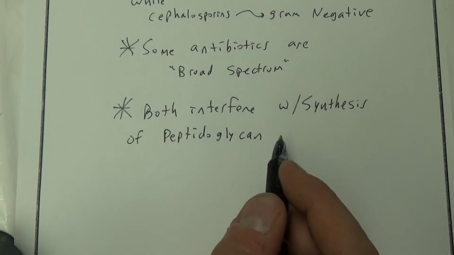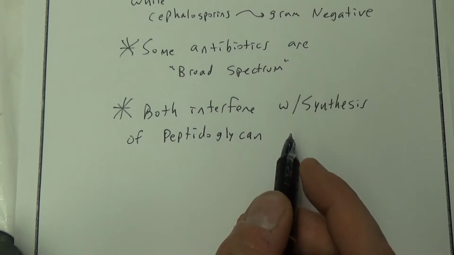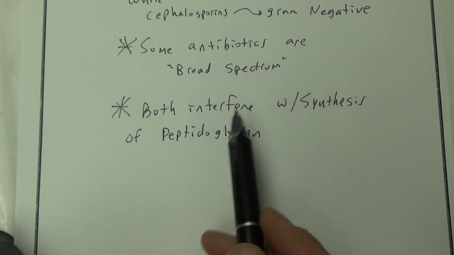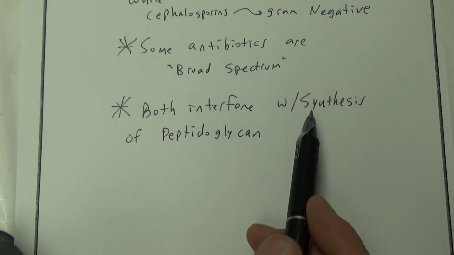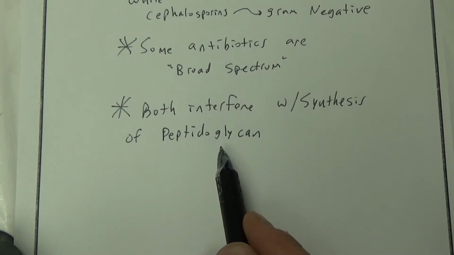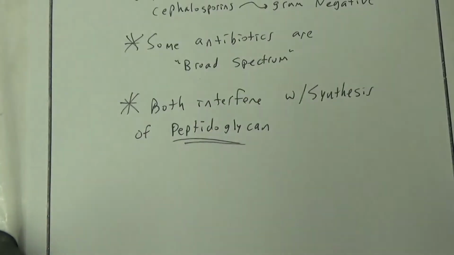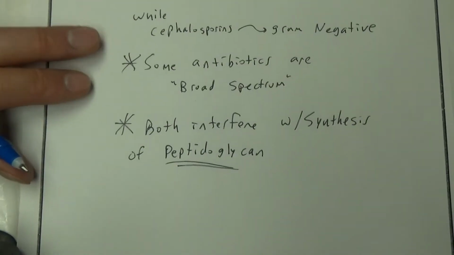It's the purple wall thing that I showed in my figure before. And of course, if you're trying to kill bacteria, breaking apart or preventing the synthesis of its wall will totally do that. Okay, so we'll come back to that in a little bit. All right. So what else? That's it for this slide.